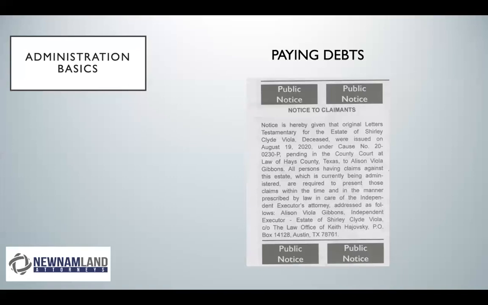So some of who you are notifying in those terms can be looked at depending on how many assets the estate has versus how many debts they have. There is a little bit of strategy there. But generally, you have to let the creditors know that there is an estate open, and then they have to make a claim to the estate, which is evaluated, and then if a proper claim, paid.